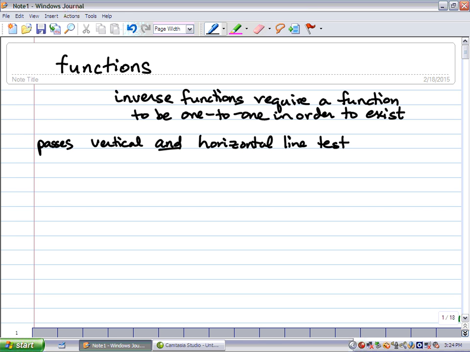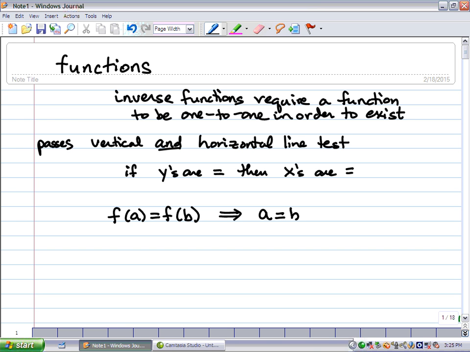Alright, so the idea is if the y's are equal, then the x's are equal. So the way that we write that is if f of a equals f of b for some numbers a and b, then, I'm going to write implies a equals b.